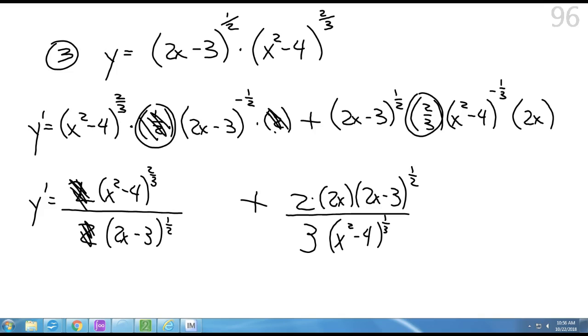Alright, now it's time for the common denominator fun. So the first thing I would probably do is the 3. If I've got a 3 on the bottom over here, I need a 3 on the bottom over here. Well, that means I need a 3 on the top up here also. So what did I really just multiply this entire fraction by? By 1, because 3/3.